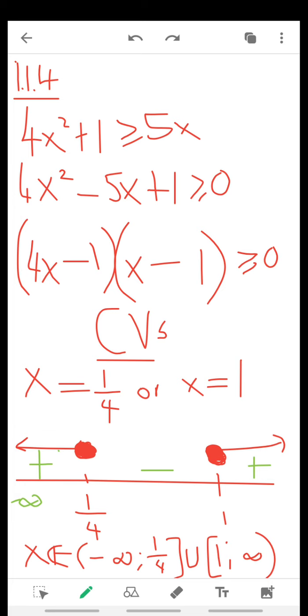So how do we write it? We say x is an element of from negative infinity up to 1 over 4. But remember, only negative infinity, in this case, will have an open bracket because it's not included. But 1 over 4, remember, is included, hence a square bracket. And then union, meaning we have another solution again.